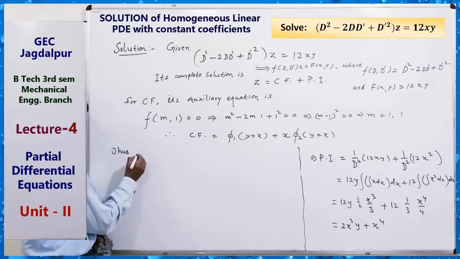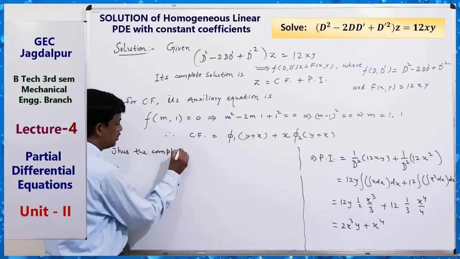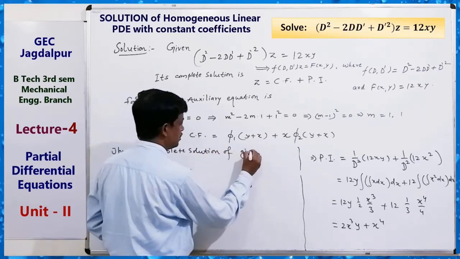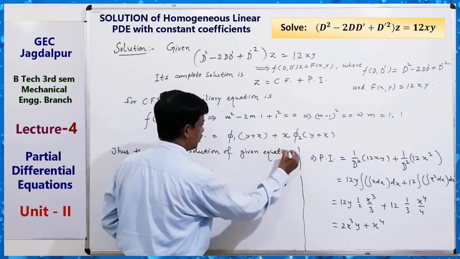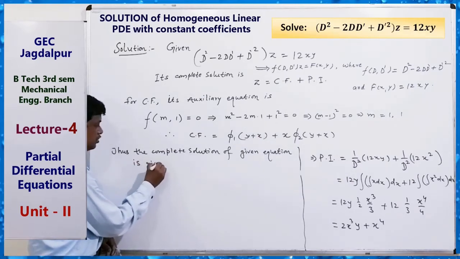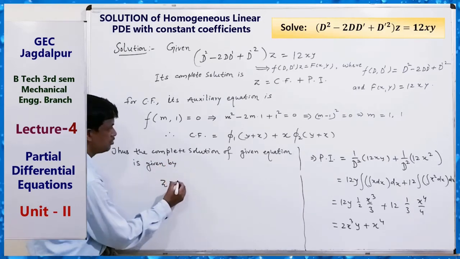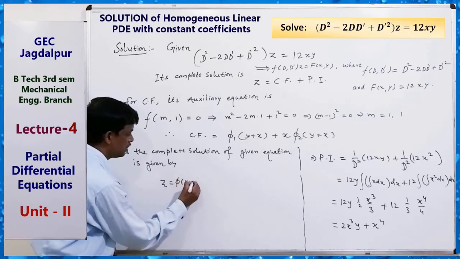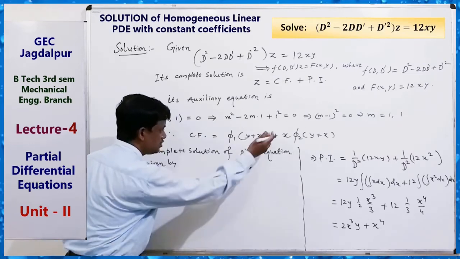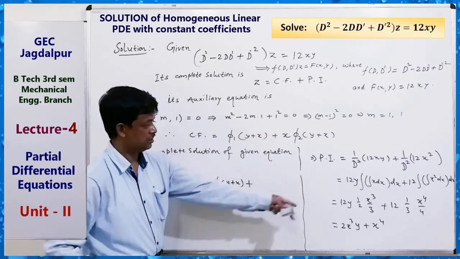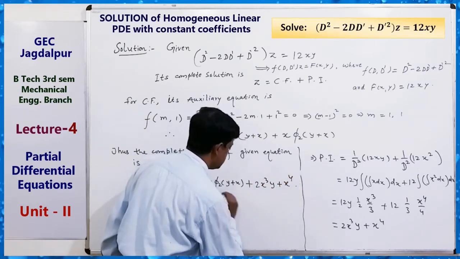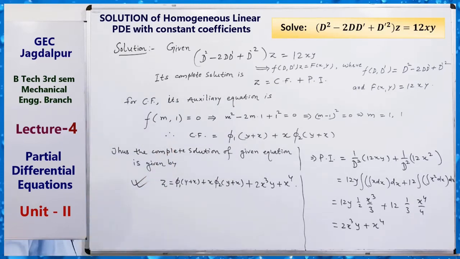Thus the complete solution of the given equation is given by z equals CF, means φ1(y + x) + x φ2(y + x), plus this PI, which is 2x³y plus x⁴. So this is our solution. Clear?